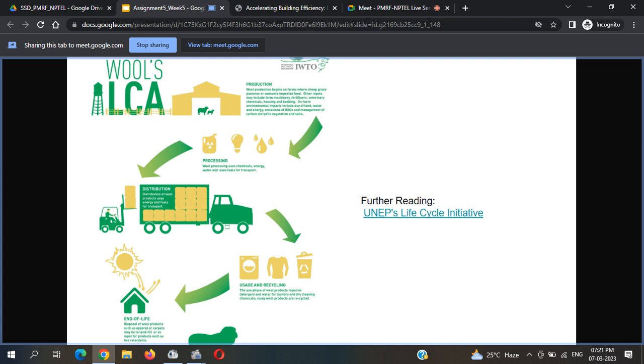So this is wool's life cycle assessment. Starting from the production, wool begins from sheep. The production process begins from the sheep pastures itself. From there, wool is harvested from the sheep's body, and then transported to a processing station where it's processed.